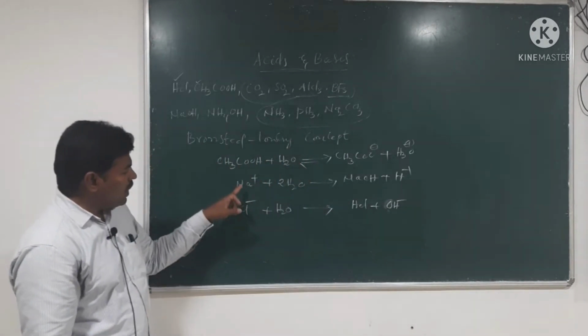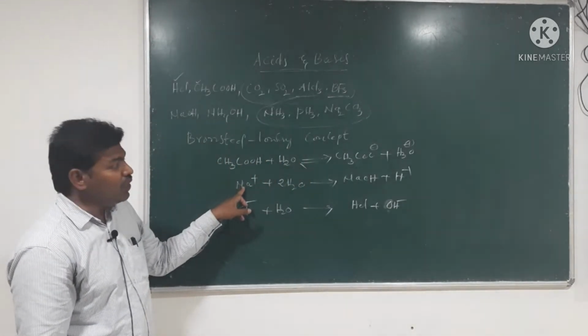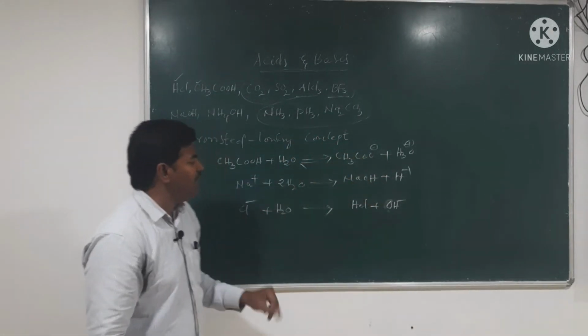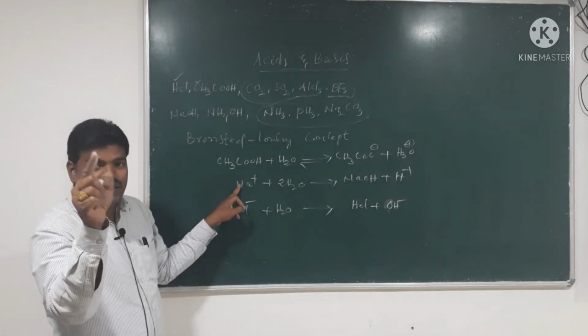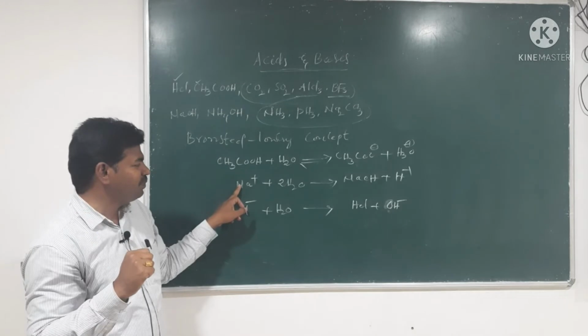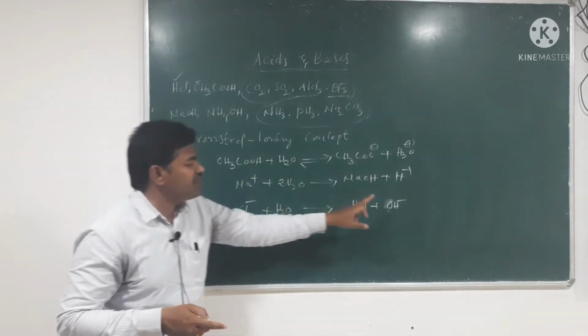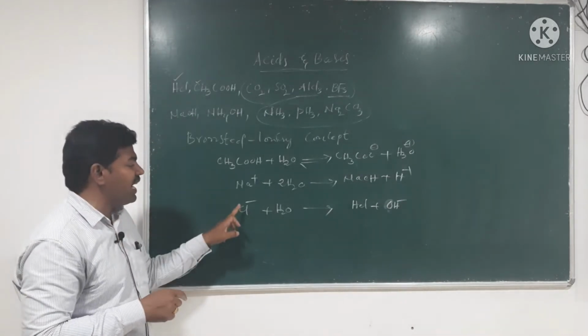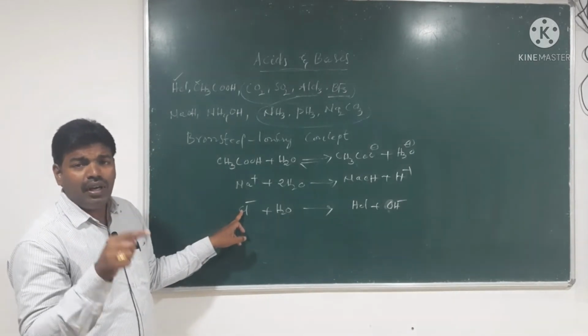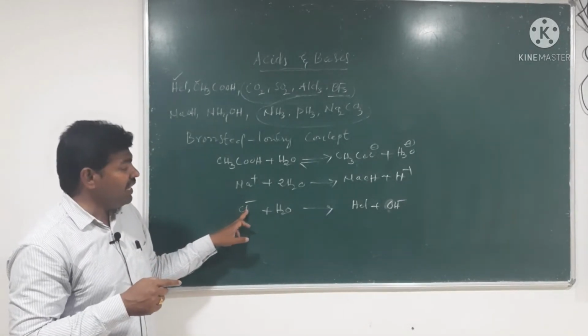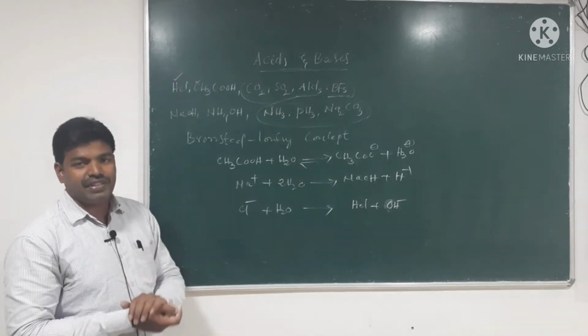So a cation, which can donate H plus ions, can act as a Bronsted acid. An anion can donate OH minus ions, therefore Bronsted said that an anion can act as a base.